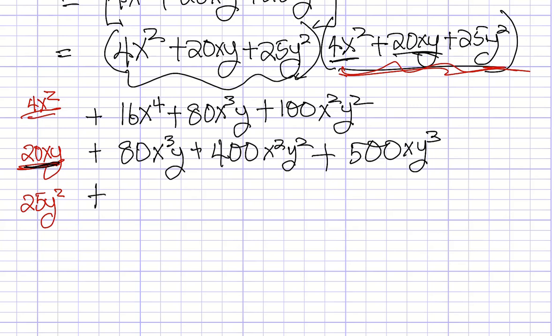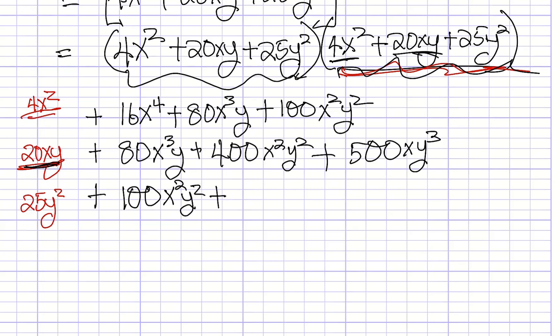So we take that, we multiply all that again. You see that, right? 25 times 4 is what? It's 100. So it's going to be 100. What are the variables there? It's x squared and then y squared. You see that, right? Plus.